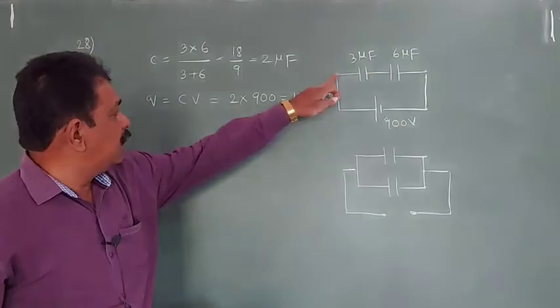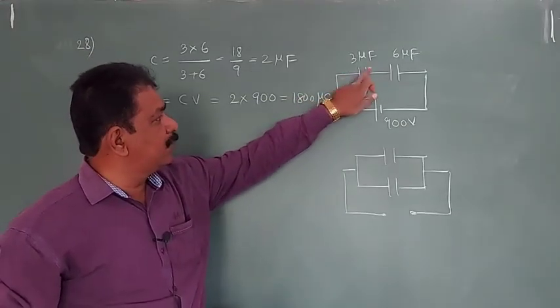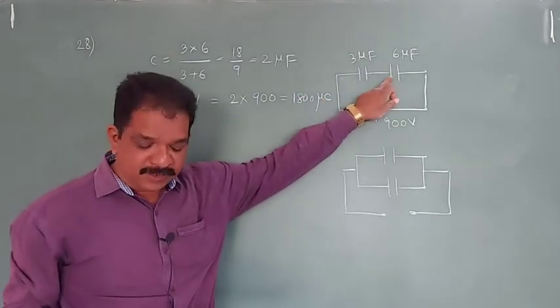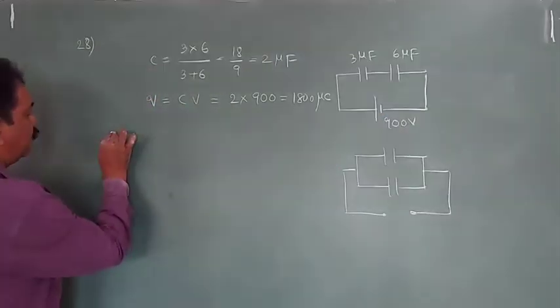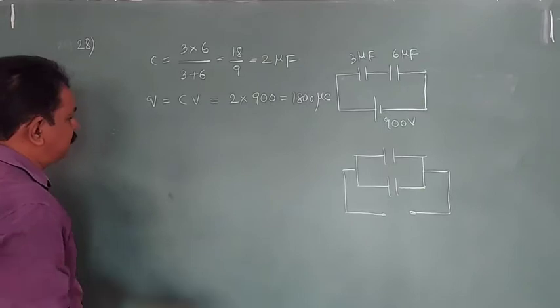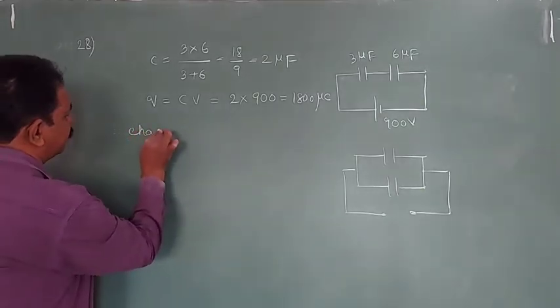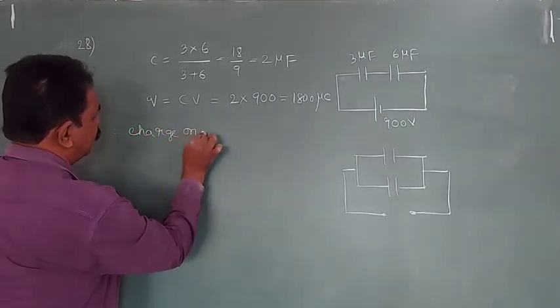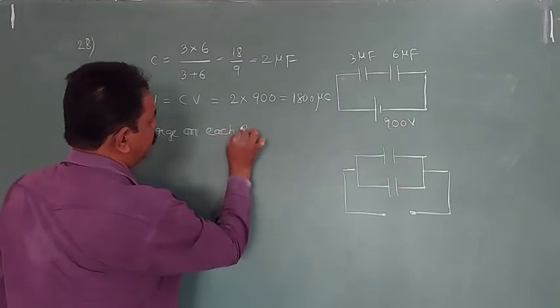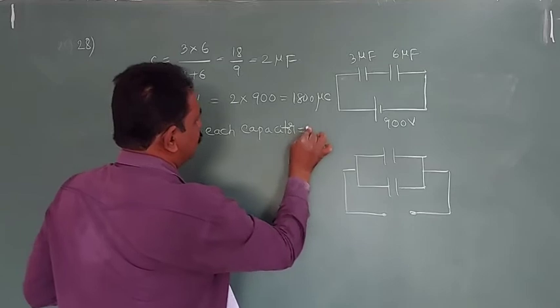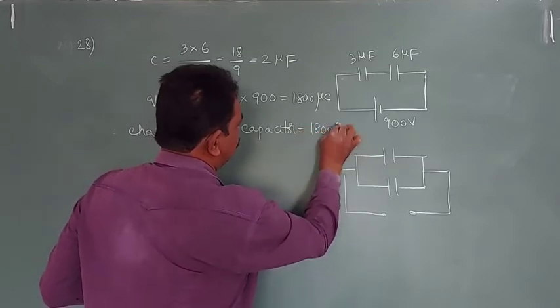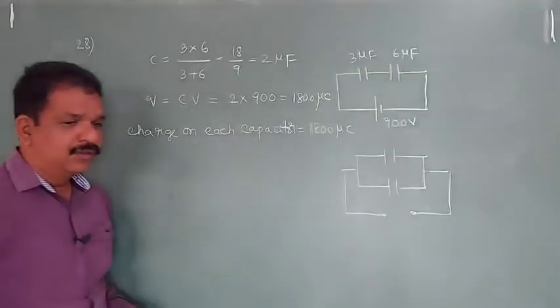So charge on this will be 1800 microcoulombs. Charge on this will be 1800 microcoulombs. So therefore charge on each capacitor is equal to 1800 microcoulombs.